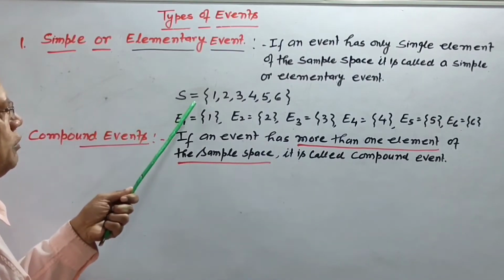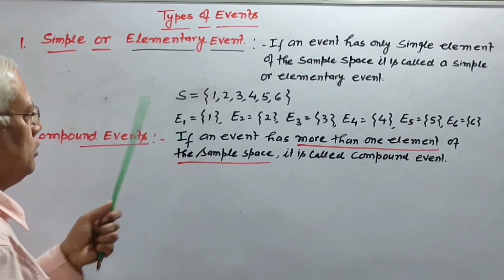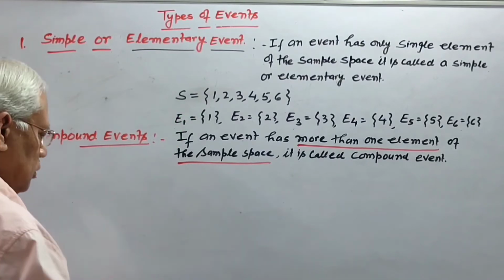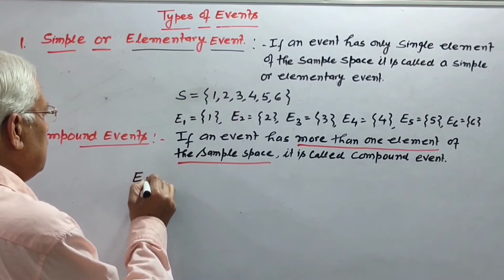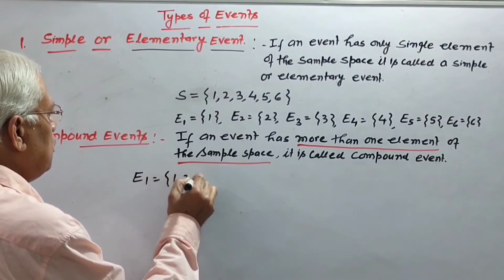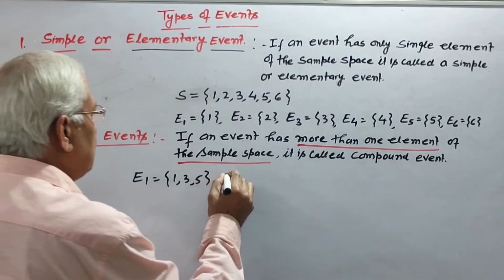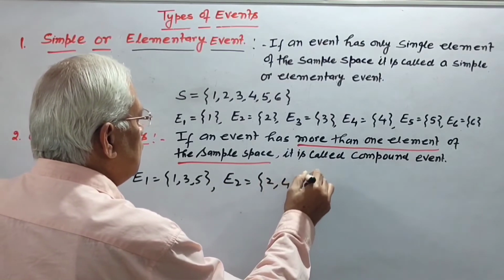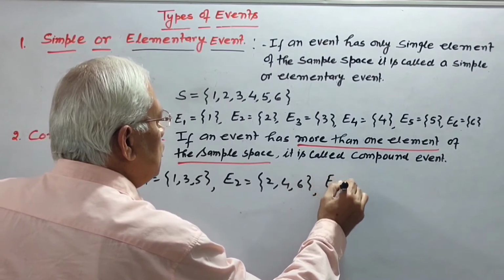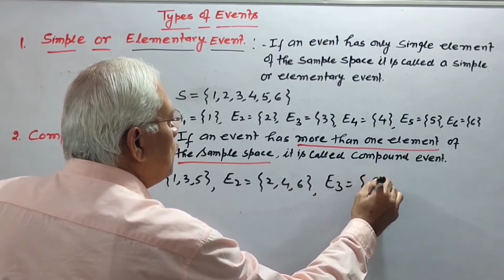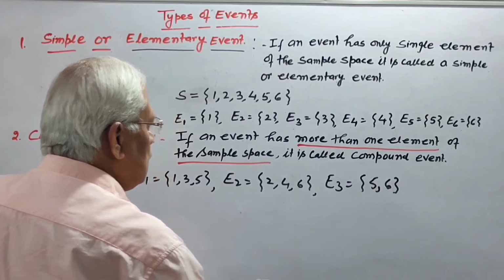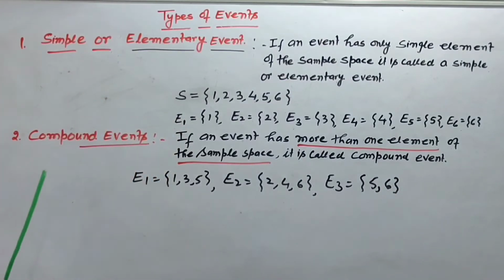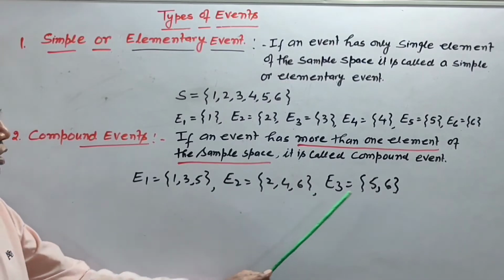In this random experiment of throwing a die, the events E1 {1, 3, 5}, E2 {2, 4, 6}, E3 {5, 6}, etc. are called compound events because they have more than one element.